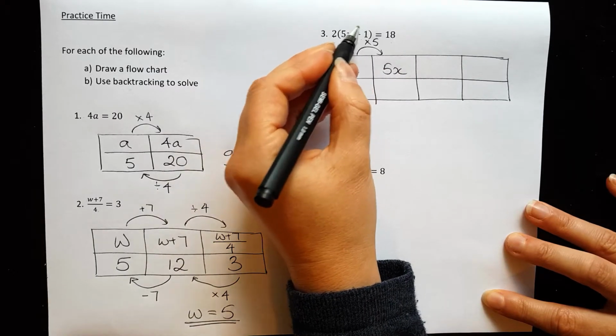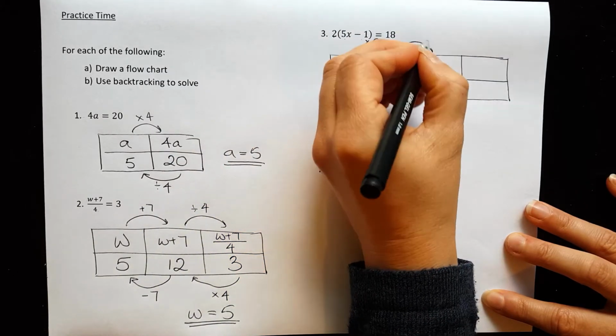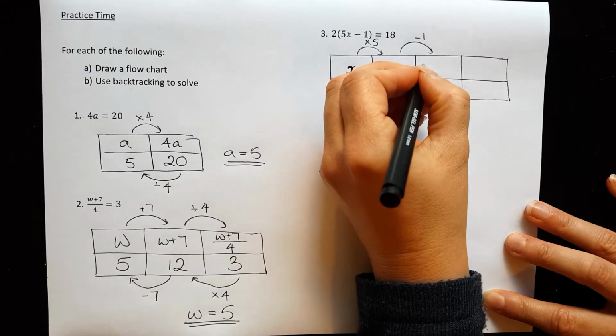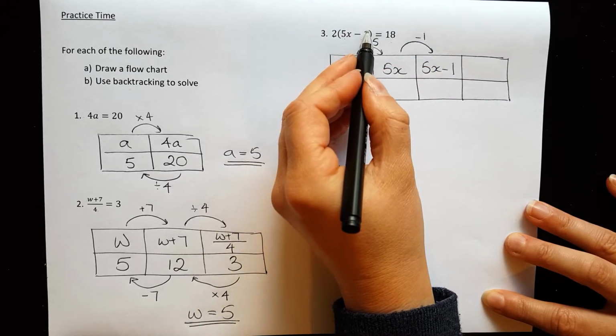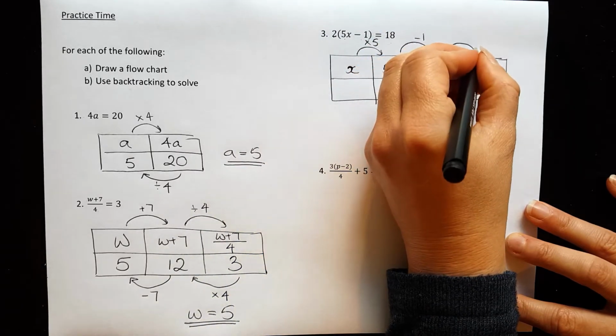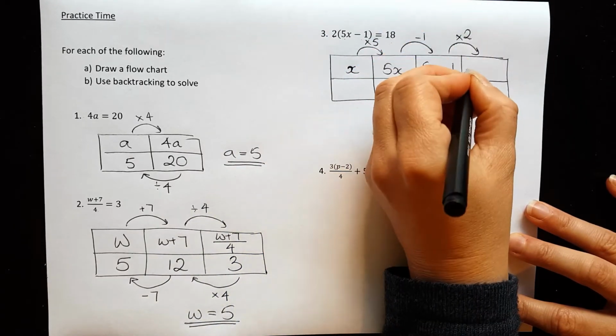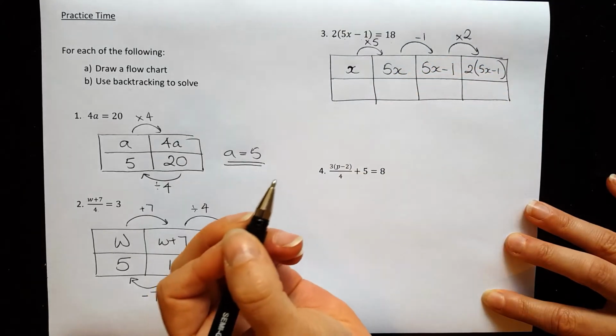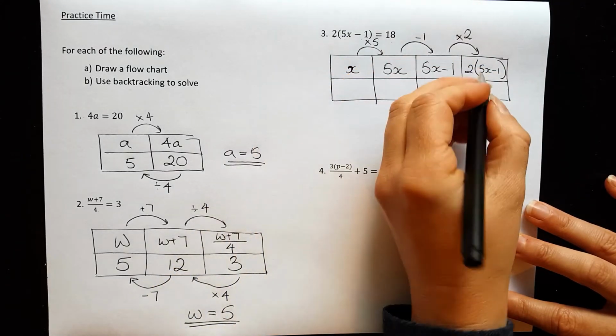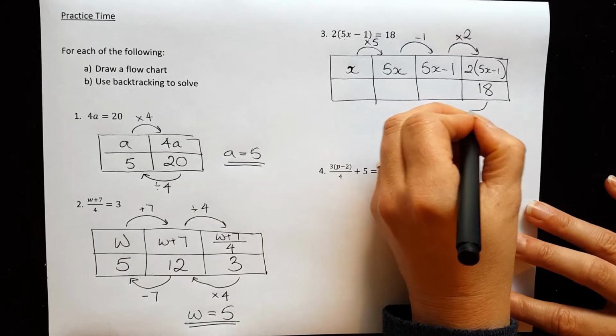Then we need to subtract that 1 off to get 5x minus 1. And now we have all of that, that all has to be multiplied by 2. So 2 bracket 5x minus 1. Then that is equal to 18, and we want to backtrack.